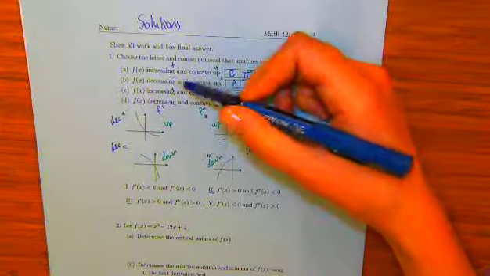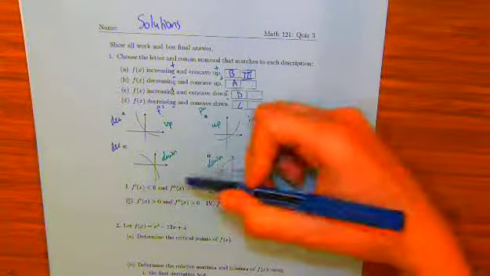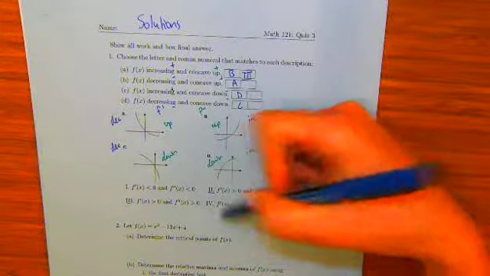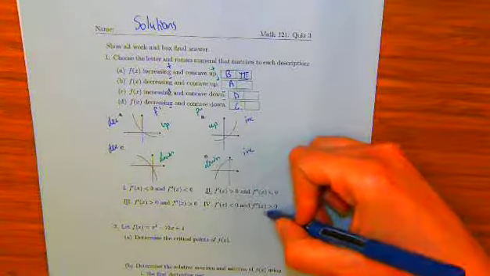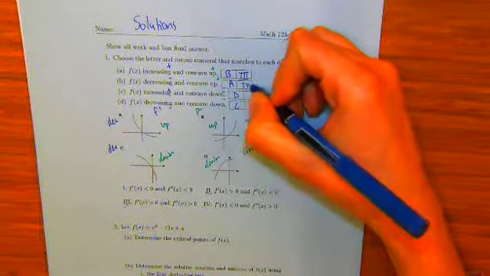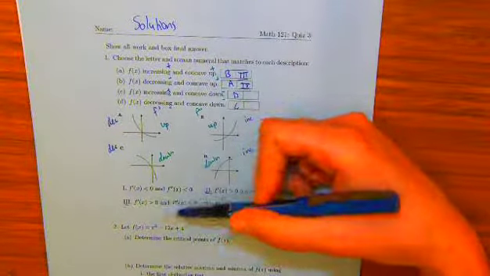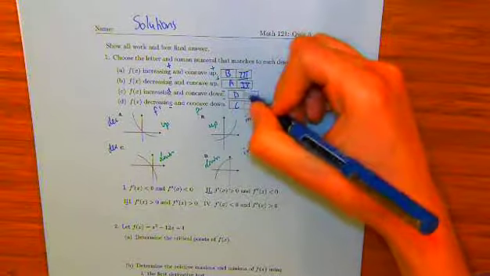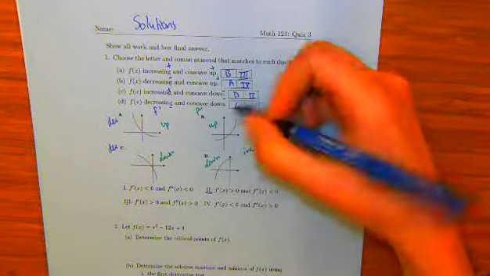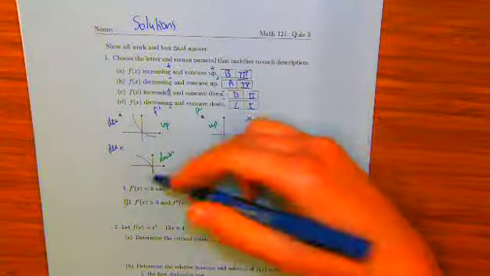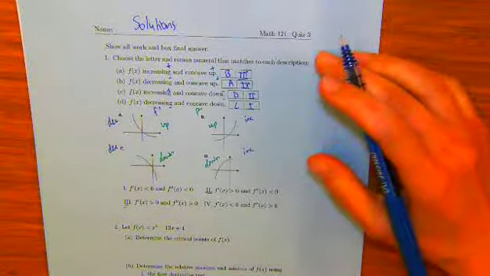Right? Decreasing and concave up. Decreasing, negative first derivative, and concave up had to be positive, so you should have 4 right here. Increasing and concave down, 2. Right? The last one should be 1, decreasing and concave down. Any questions with this one?